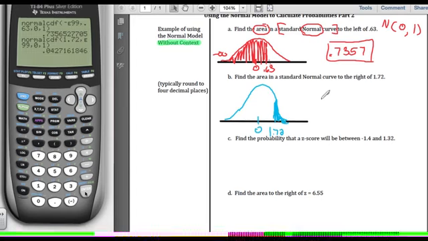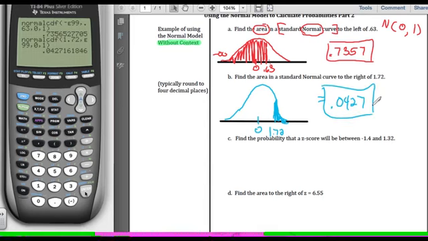And we get 0.0427. That seems fairly reasonable. I'm not a great artist here, but I haven't really shaded a lot of this curve. Had I taken the time to actually draw in the standard deviations, it would be more accurate, but definitely less than 50%, about 4%.